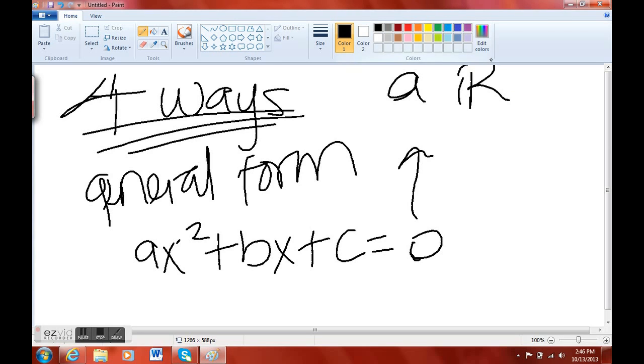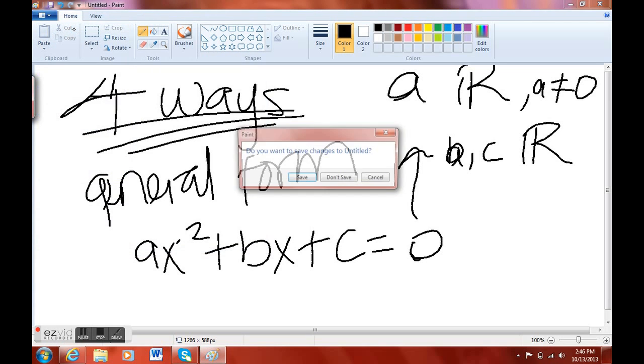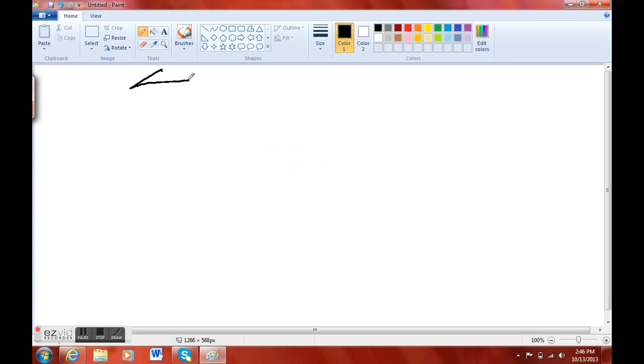B and C are just real numbers. So for every problem, always try to get into general form because it will make it easier for you to do the problem.